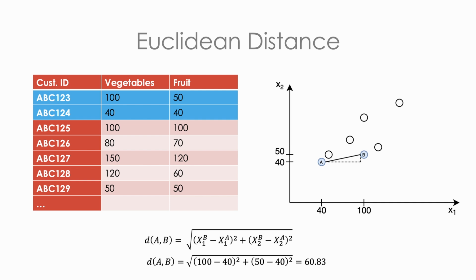If customer A spent 50 euros on fruit and customer B spent 40 euros, the difference is 10. Squaring this gives 100. 4. Add these squared differences together. 3,600 plus 100 gives 3,700. Finally, take the square root of the sum, which gives you the Euclidean distance between customer A and B.